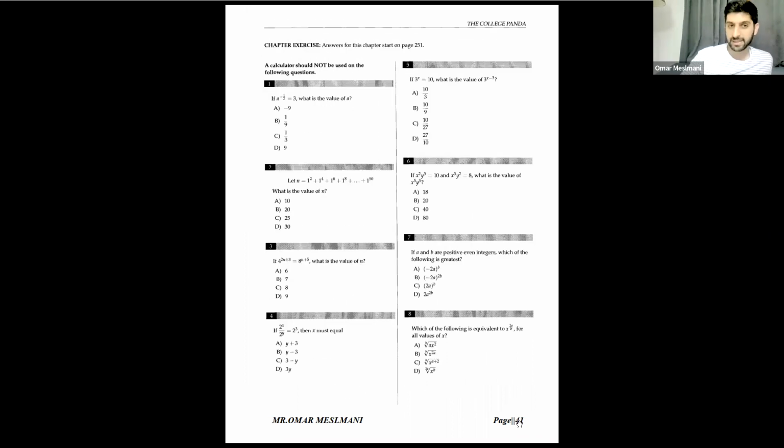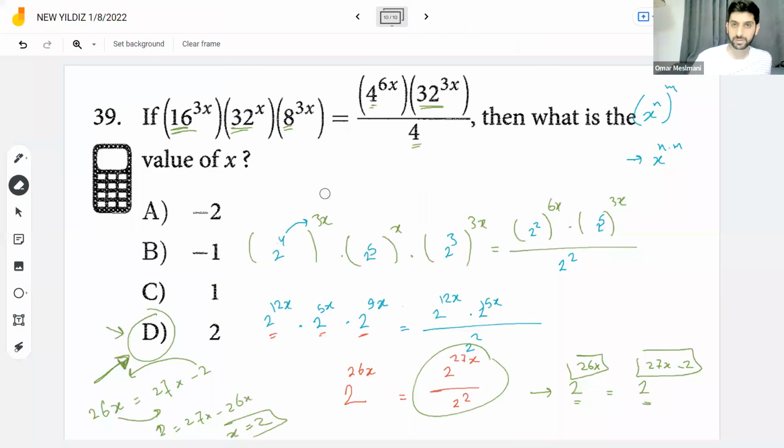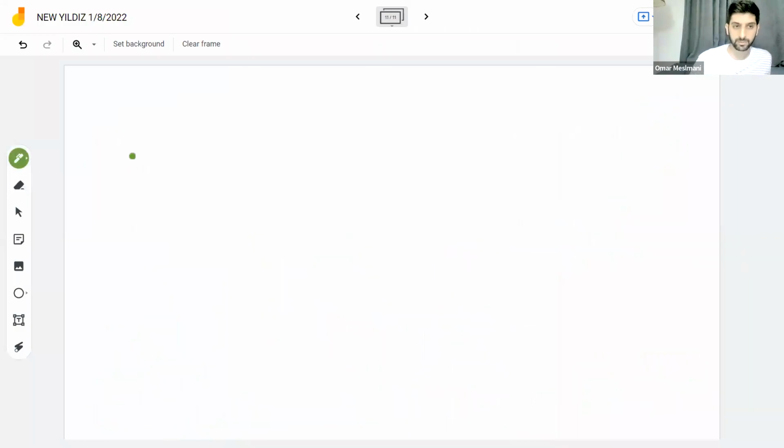I know that there are answers in the next pages, but I want to see it in your notebook, and I'm going to ask you for this. So the homework for our next lesson is pages 41 and 42 in chapter 6.